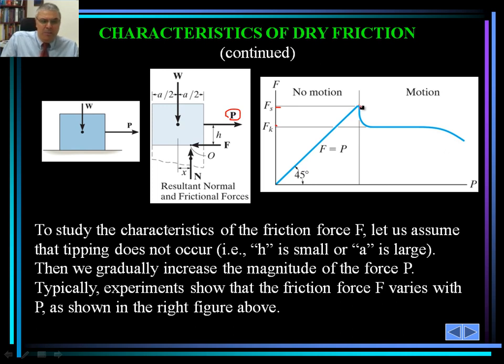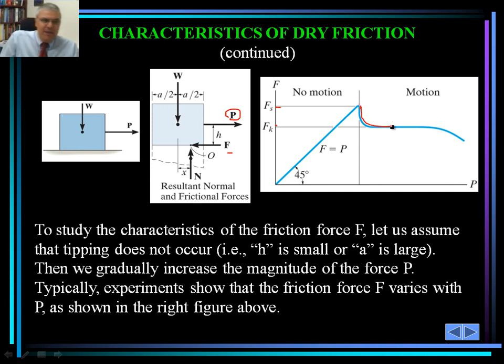Now it's not going to jump right away, since we are gradually applying force P, so gradually the magnitude of F, the friction, would reduce because we just overcome that, and as this block starts to move we reach a level of force F sub K, and we really can't go anywhere under F sub K.